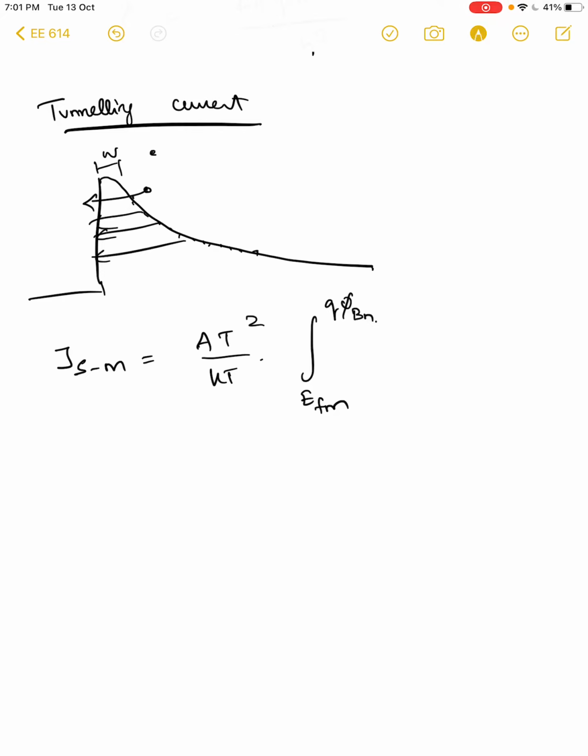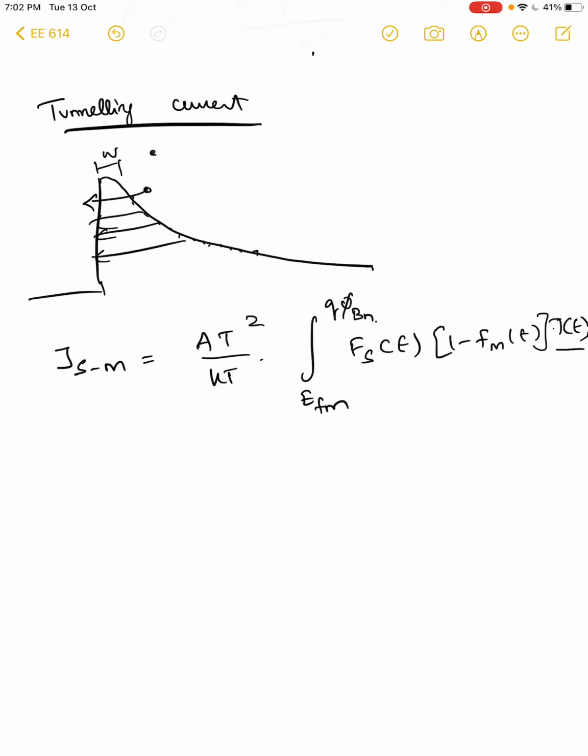You take all the electrons in these levels, you have the probability of them being filled on the semiconductor side, and you need the probability of these levels to be empty on the metal side, and the tunneling probability. The tunneling probability T is determined by the width of this barrier, and this we saw is exponentially dependent on the width that we specify here. Right? This is the tunneling current.